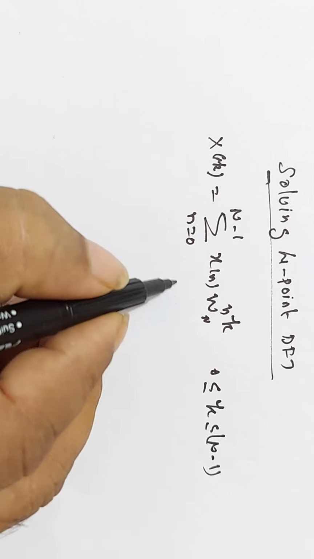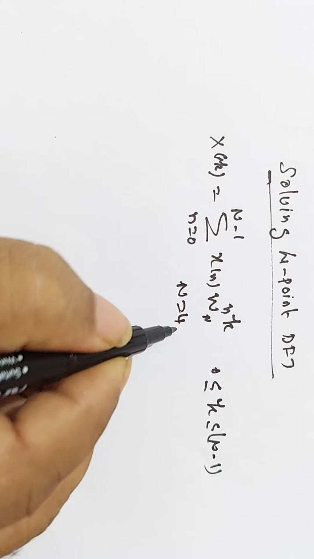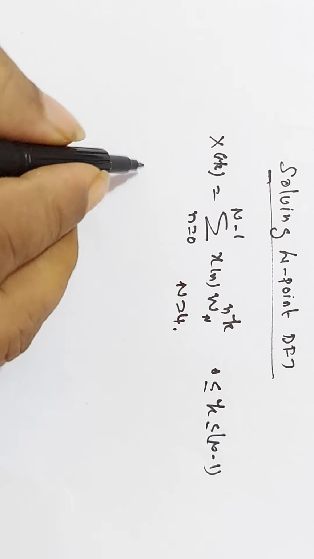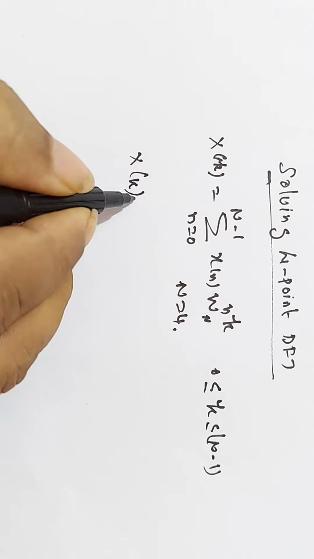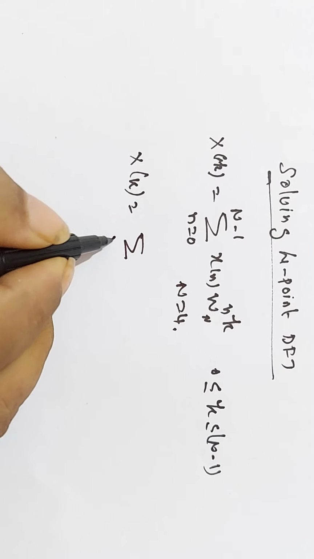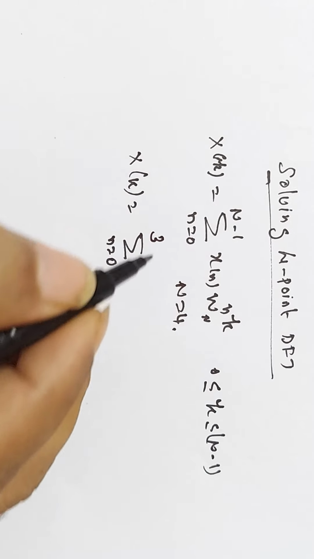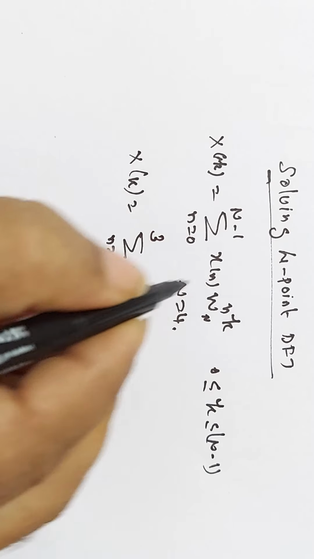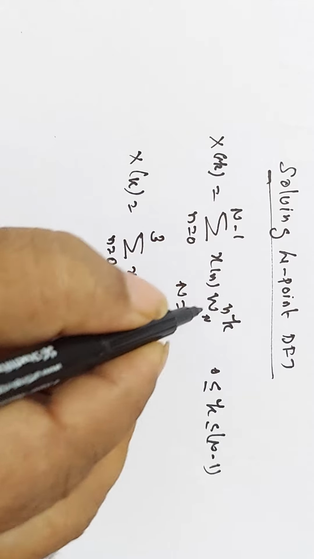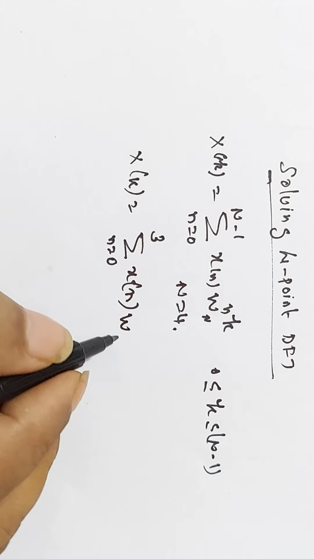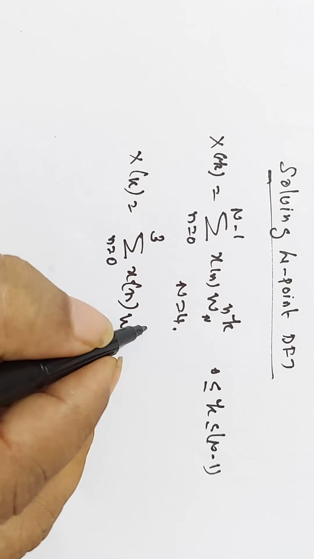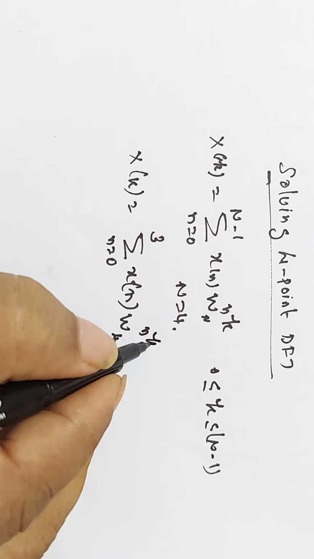Now for 4-point DFT, we know that n is equal to 4. Putting n equal to 4 in this equation, x of k is equal to sigma n is equal to 0 to, since n equals 4, n minus 1 is 3, into x of n W, n means 4-point, small n to the power of k.